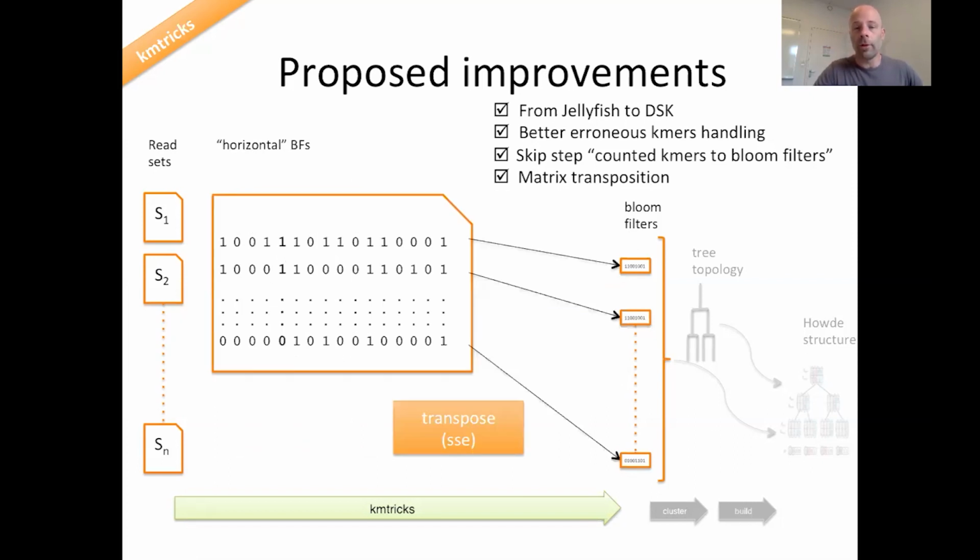Once this is done, we have exactly one Bloom filter per line, so we can directly feed the final construction step with those Bloom filters. And we do this transposition using SSE instructions, and this is something that may also be interesting as a standalone tool.